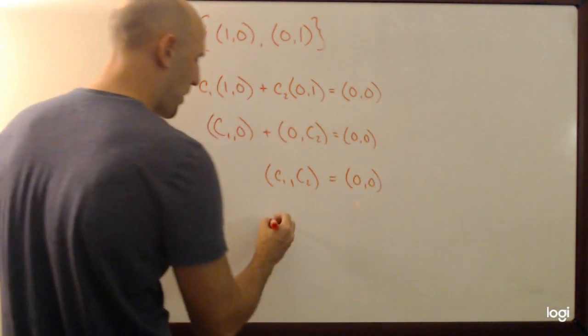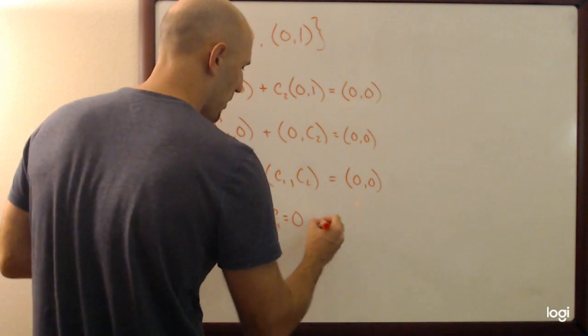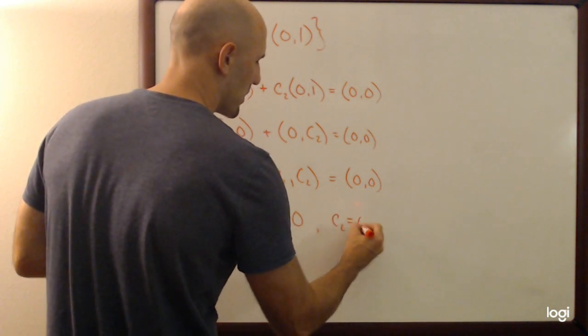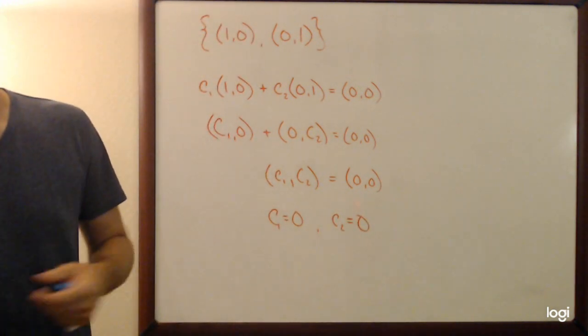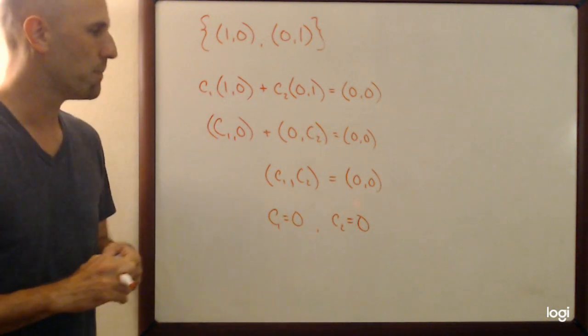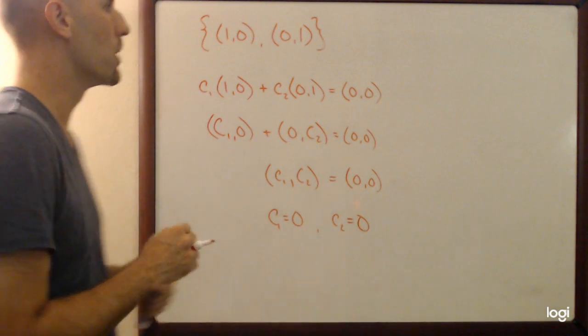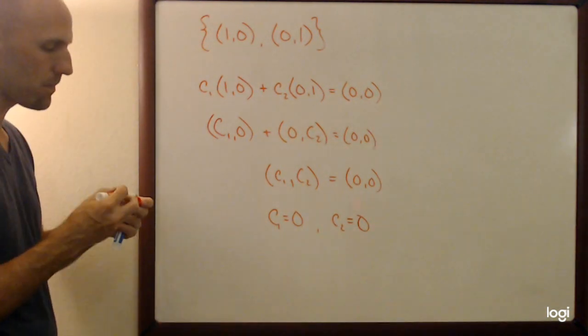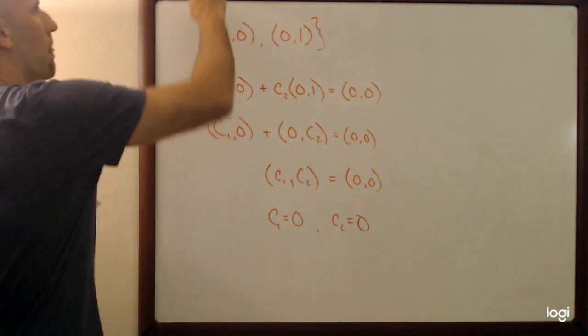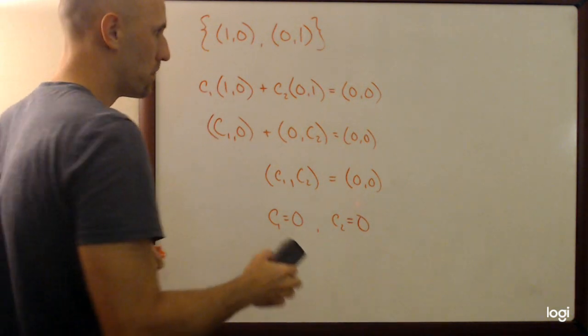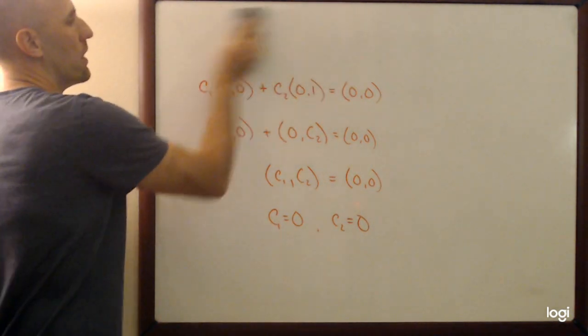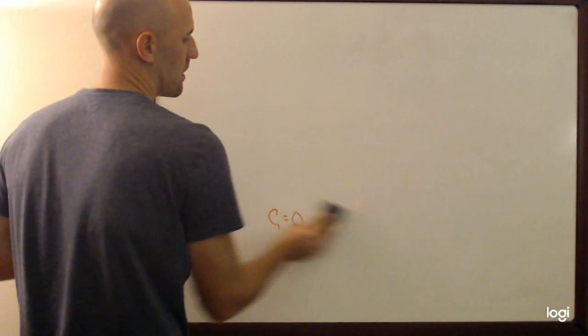So the first component reads c1 equals 0, and the second component reads c2 equals 0. This is somewhat trivial, yes? But again, notice that the only possible solution is c1 and c2 both 0. This is independence.